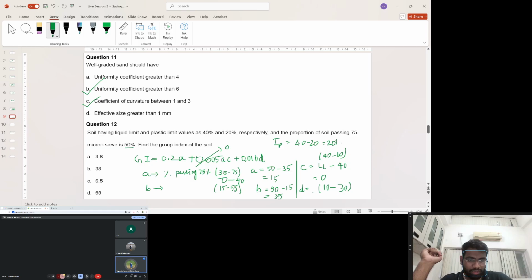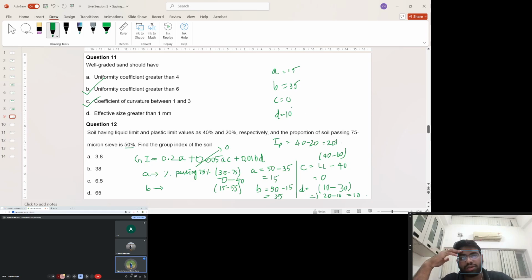So it is 20 minus 10, which is 10. So now we have the values: a is 15, b is 35, c is 0, d is 10.